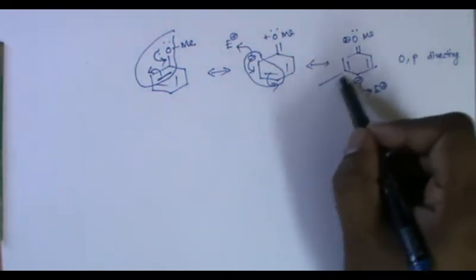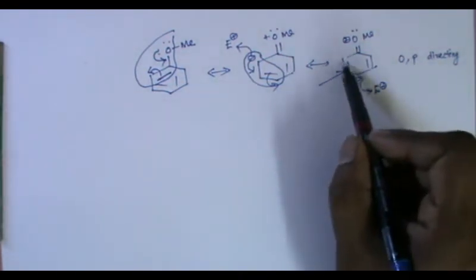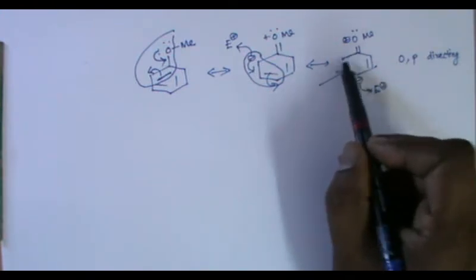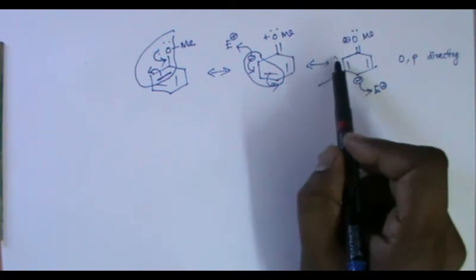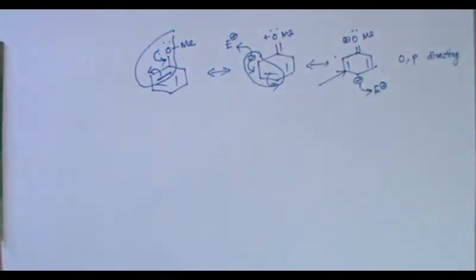What about this meta position? We have not reduced the electron density on the meta position, but we have increased the electron density on ortho and para carbon. Since it has more electron density, this position will be attacked preferentially over the meta position.